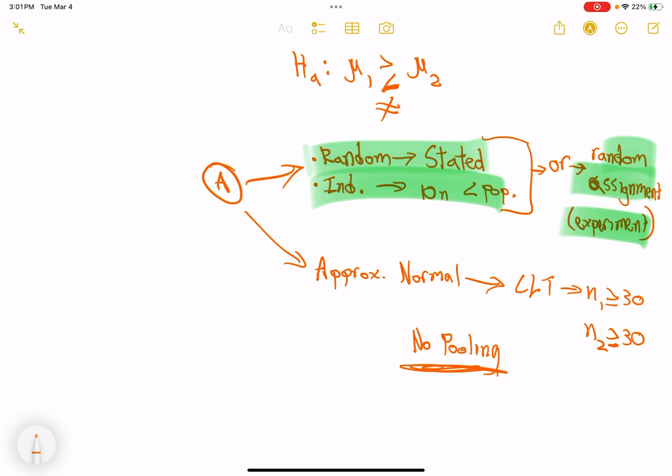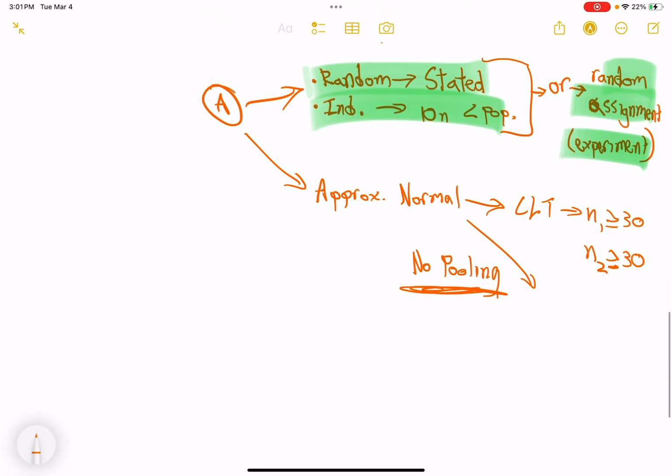And there will be no pooling for confidence intervals at all, either proportions or means. The other option for approximately normal is if the sample data has no skew, no outliers. Cool.